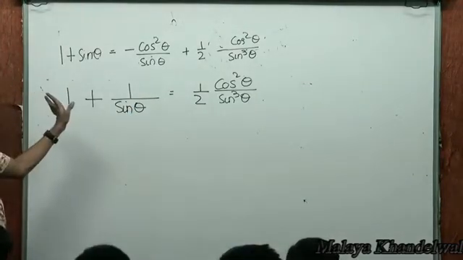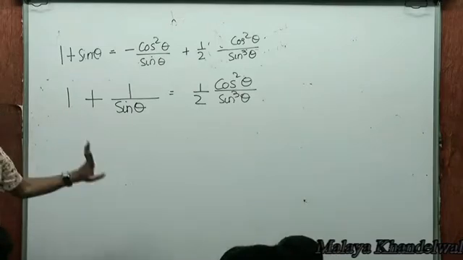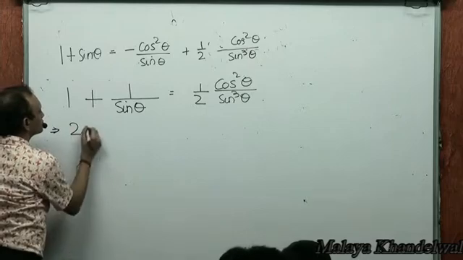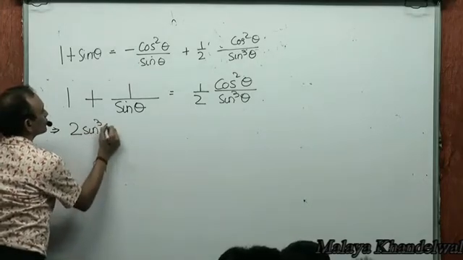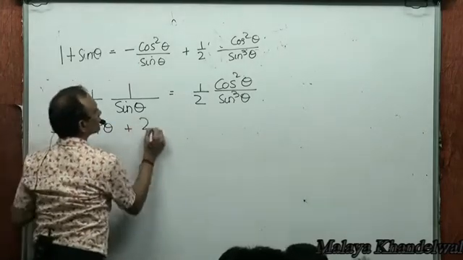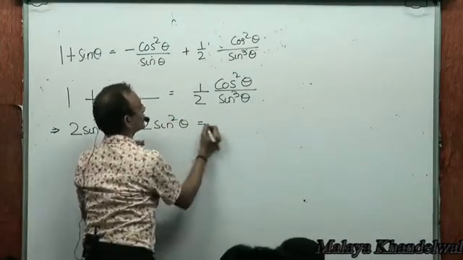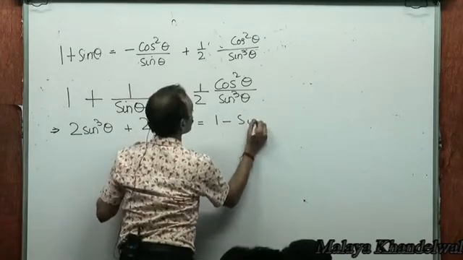Let me multiply throughout by sin cube theta. One minus sin square theta.